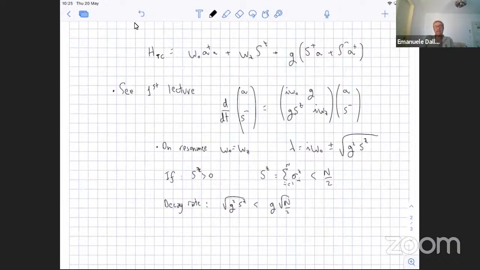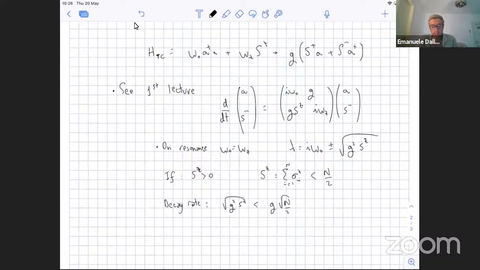I'm now making a statement which I cannot really explain in depth, but it is related to the fact that Dicke superradiance in free space is a second order process, going like G squared times n, while here this is just a first order process between the spin and the cavity. So the scaling is not exactly the same.